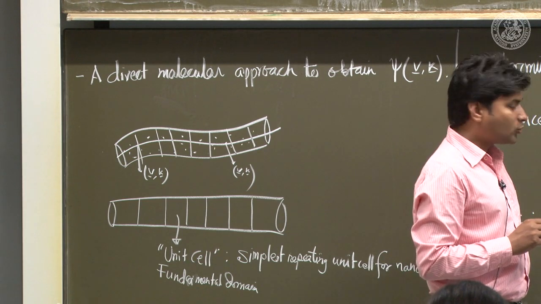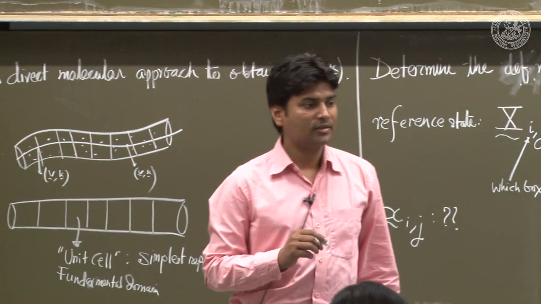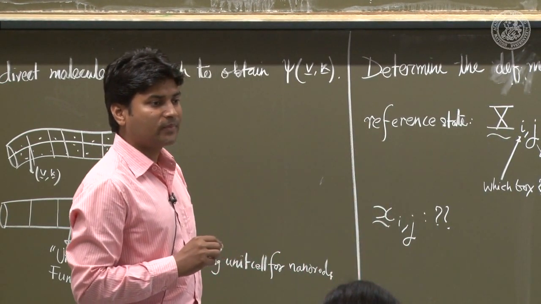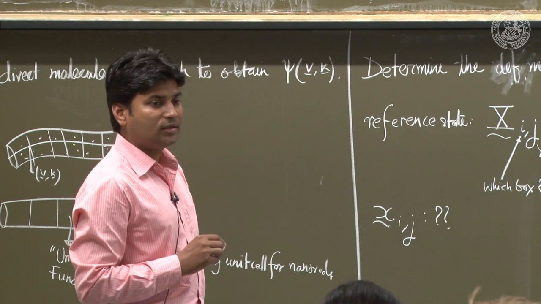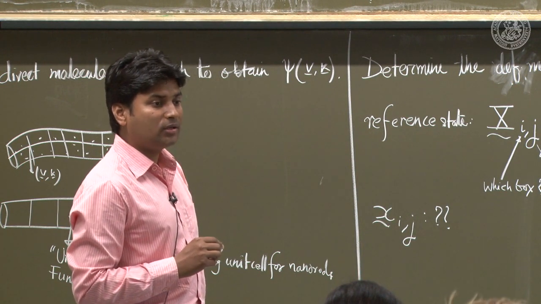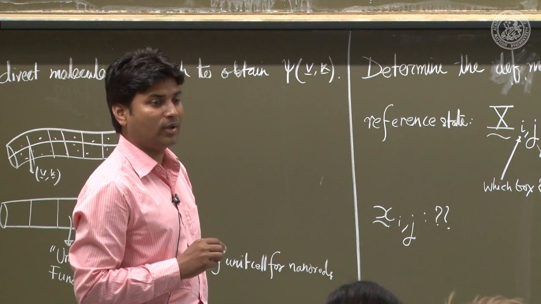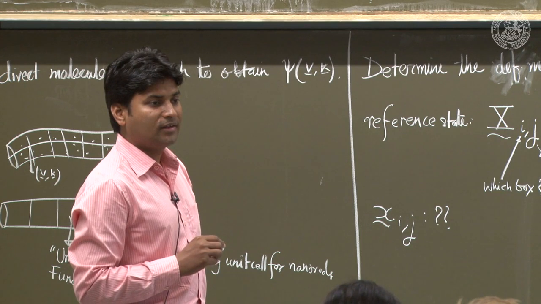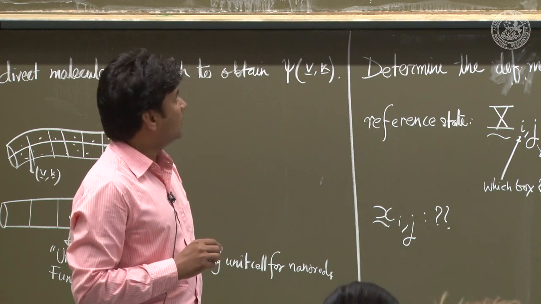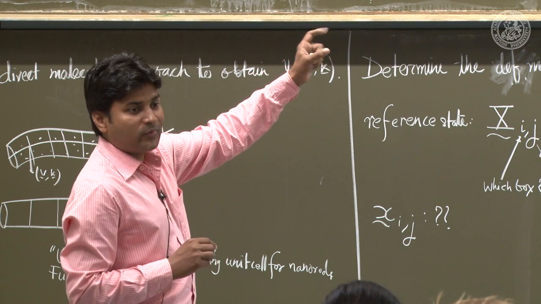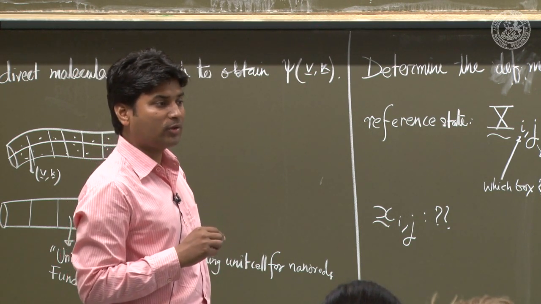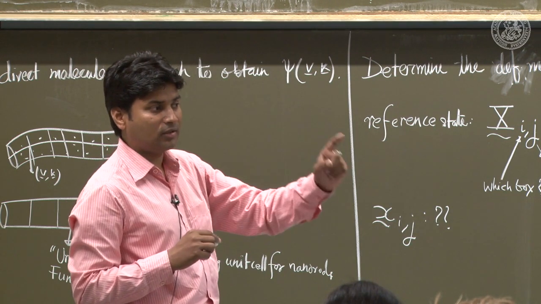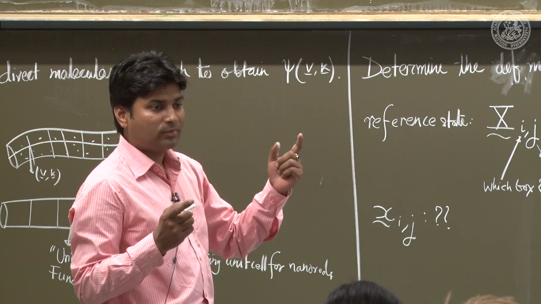Can you think of what could be the deformation map? Here again you can take some hint from the 3D deformation map. Not that one, but the 3D map for a rod, when the continuum rod was subjected to constant V and K. What was the deformation map?